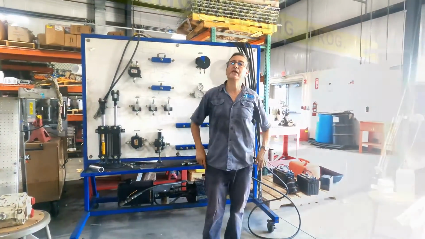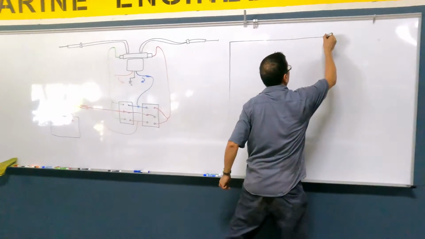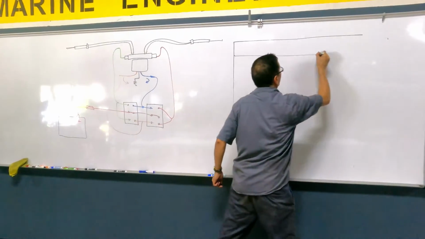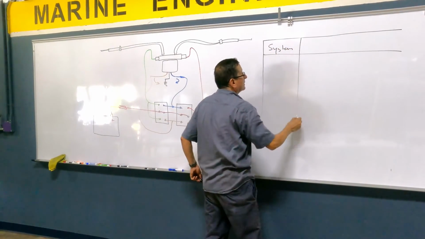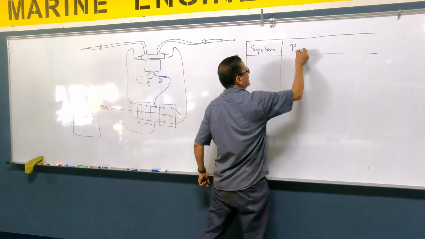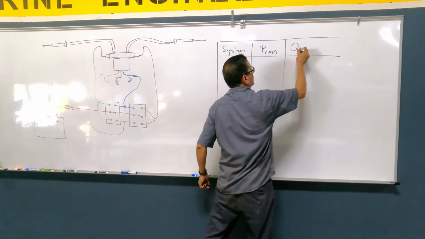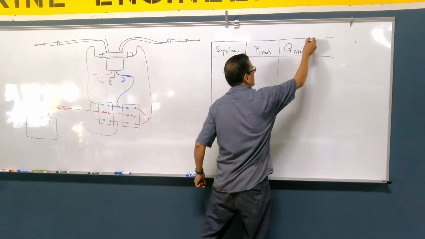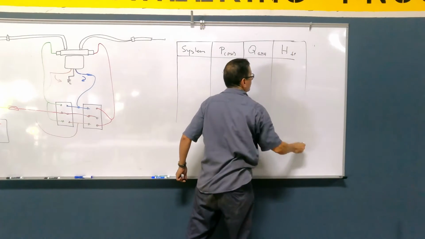You remember yesterday? We are going to create a table. In the table, we are going to put the system, the pressure in PSI, the flow in gallons per minute or gallons per hour, and the head in meters or feet.